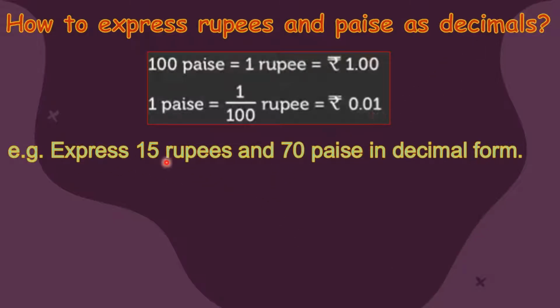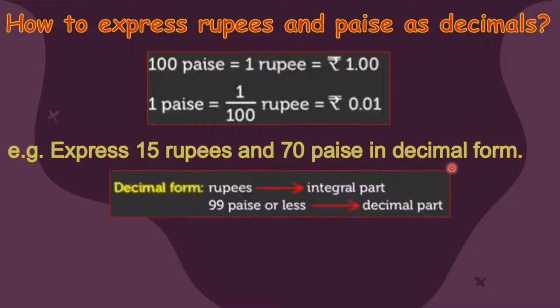Express 15 rupees and 70 paise in decimal form. While writing the decimal form, we consider rupees as the whole number or the integral part, and as 100 paise is equal to 1 rupee, we consider 99 paise or less as the decimal part.